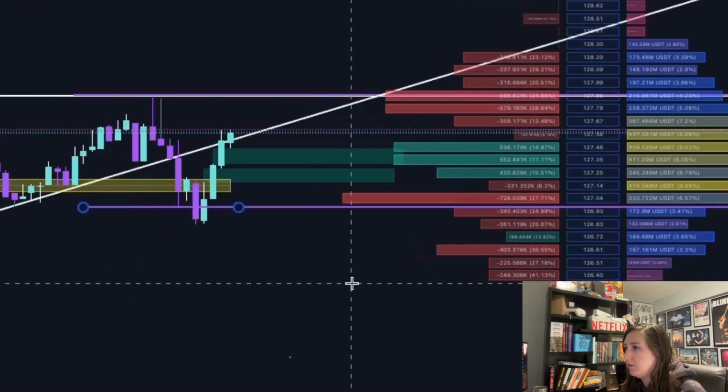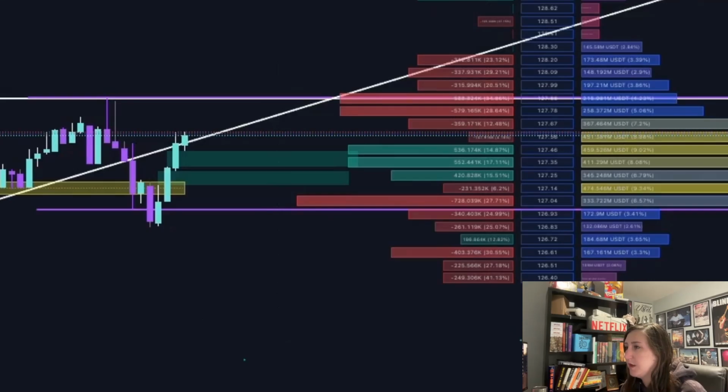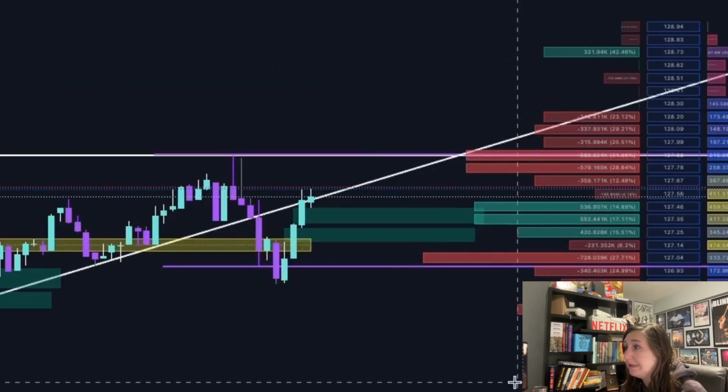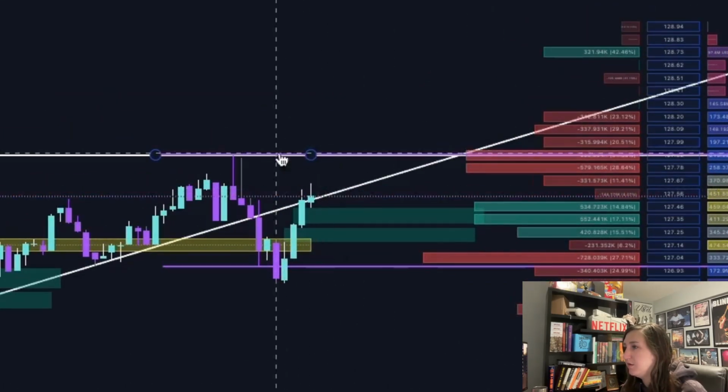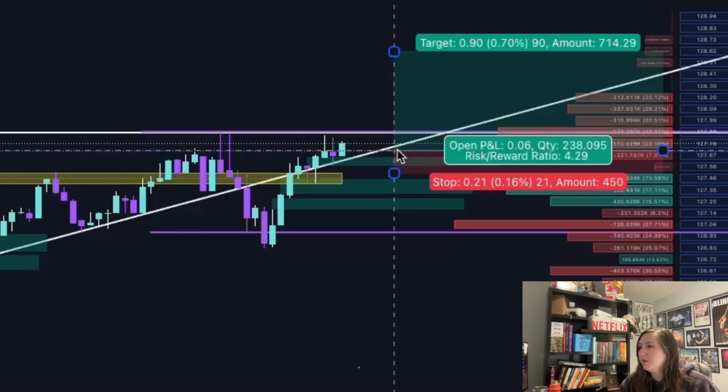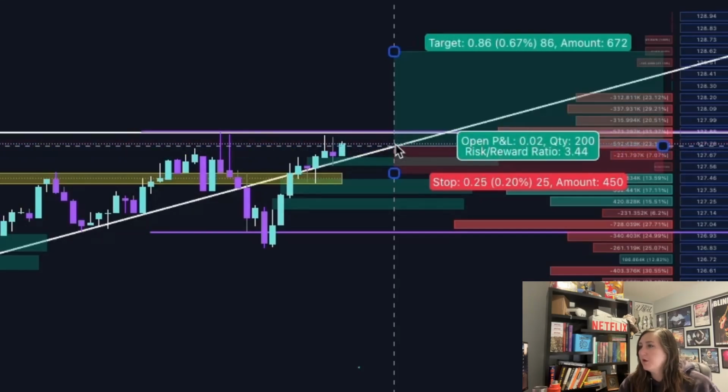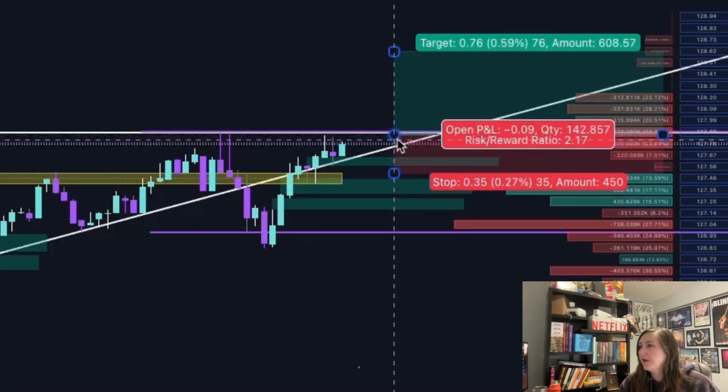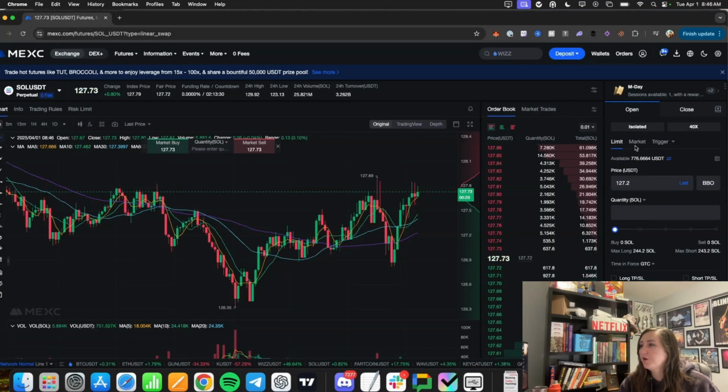So we're going to wait and see if it breaks above this purple line, which coincidentally enough is with the previous day high. Appears to be holding these fair value gaps pretty well. Although it hasn't broken through yet, I think I'm just going to go ahead and enter for a 2-to-1 risk reward ratio.